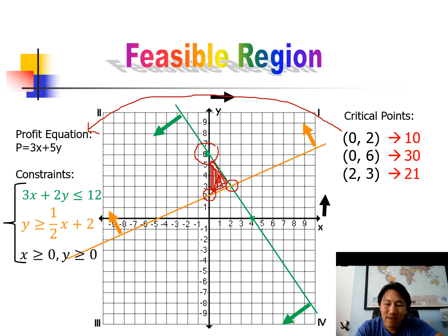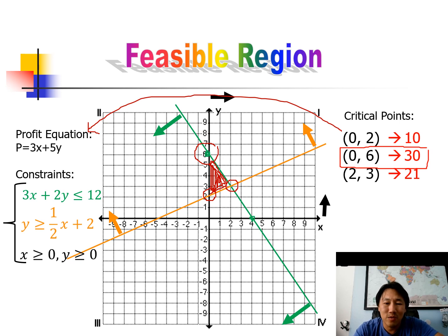Now on the homework, they might ask, what is the maximum critical point? And so your answer would be (0, 6). It is the maximum critical point because it produced the maximum number, the largest number.